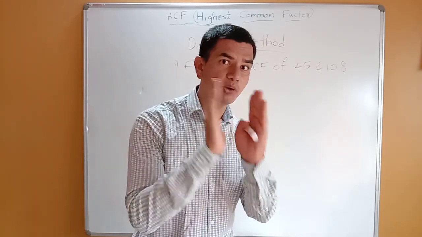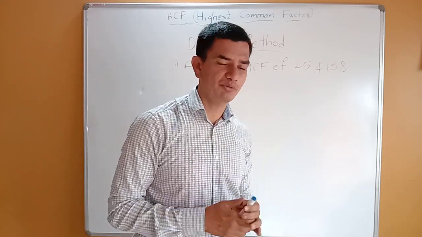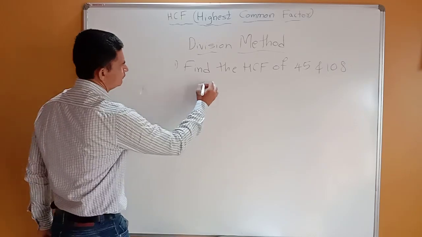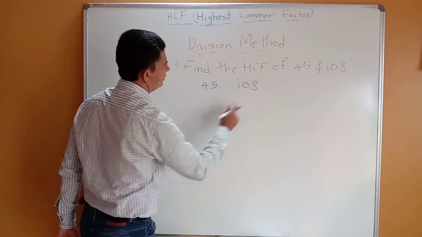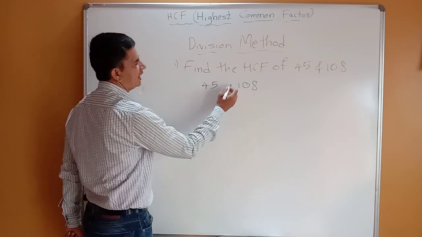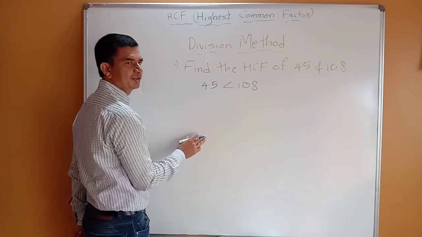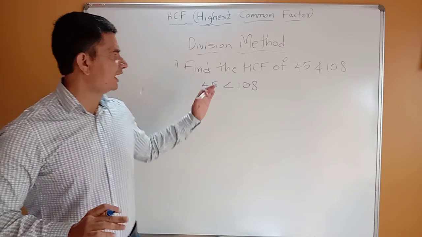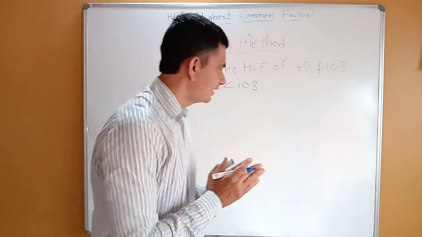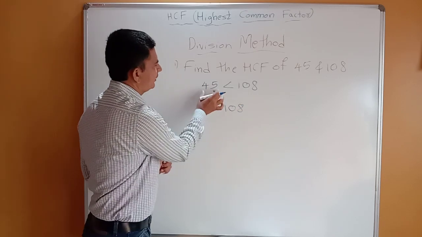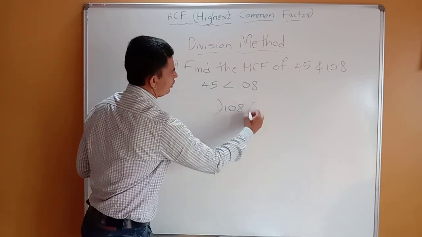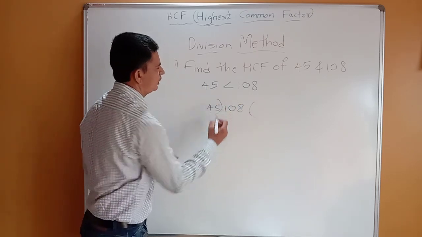Here concentrate only on the division method, not the factorization method. In these two numbers we have to observe which is the bigger number first. Between 45 and 108, 108 is the greater number. So we have to take 108 here and divide it by the smaller number, 45.